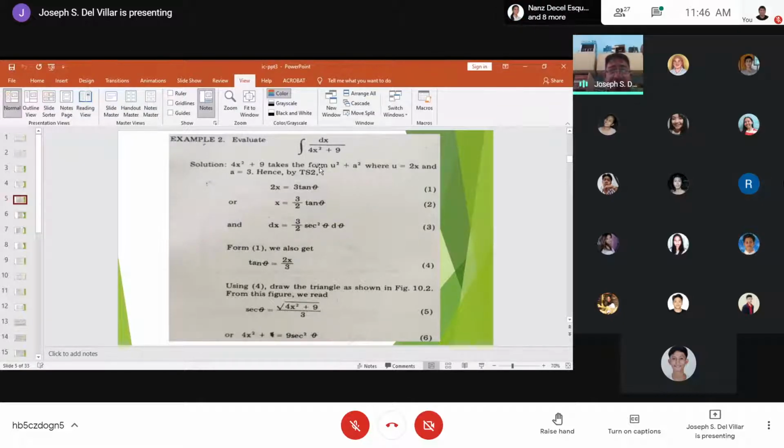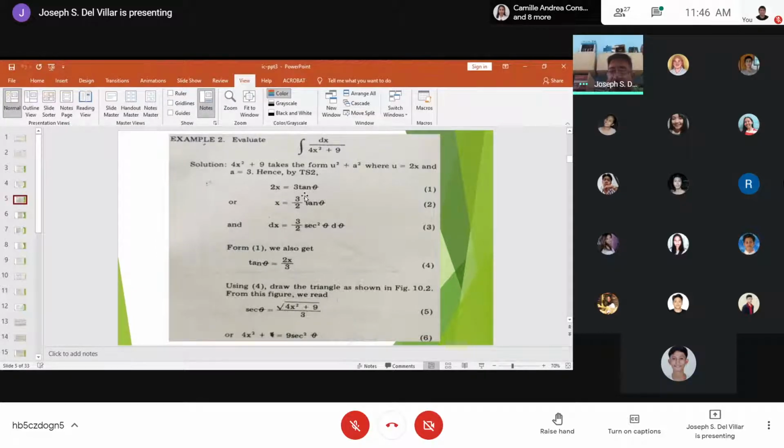Okay? 2x closed quantity squared plus 3 squared, yung 9. And then, let u, ang u ninyo dito is 2x at yung a ninyo is 3, hindi 9, no? Ang constant ninyo is 3 kasi 3 squared is 9.